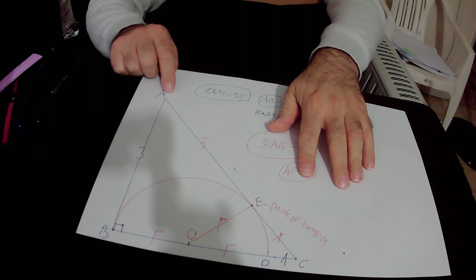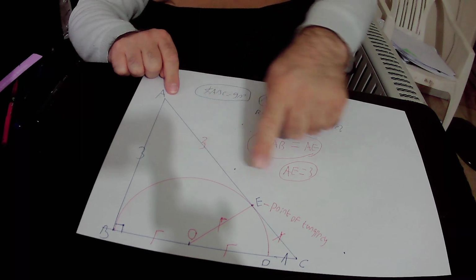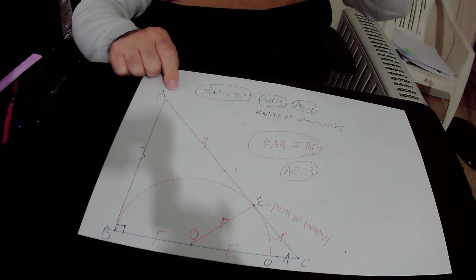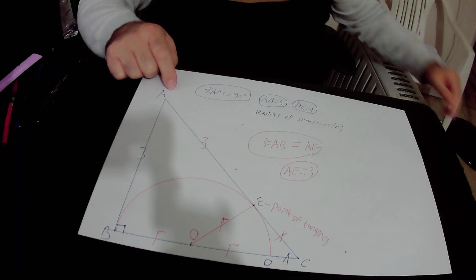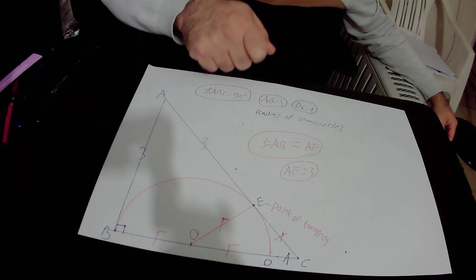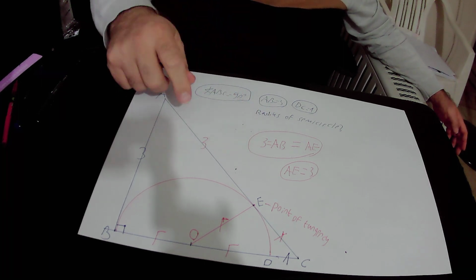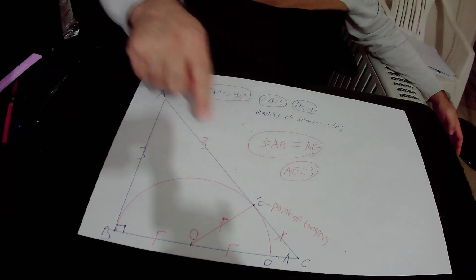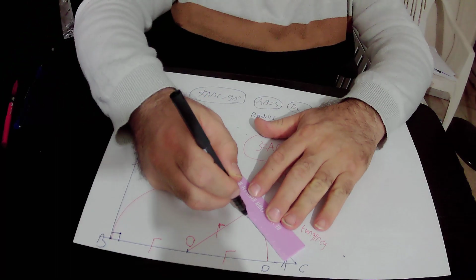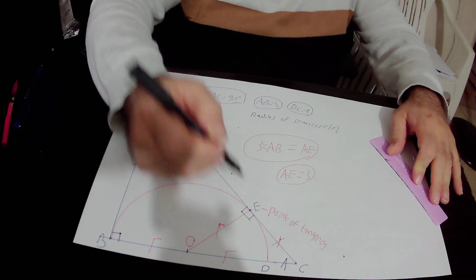Again, tangent AC is tangent to the red semicircle at point E. Point E is the point of tangency of tangent AC with the red semicircle, and this radius OE is drawn to the point of tangency, that is to say to point E. Therefore, according to rule number 2, the tangent AC is perpendicular to this radius, that is to say this angle equals 90 degrees and this angle also equals 90 degrees.